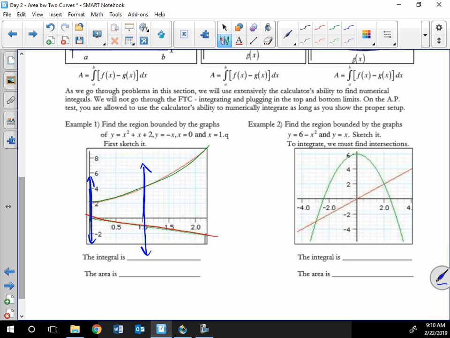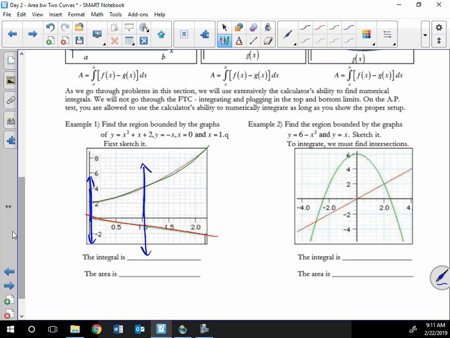That is simply just to tell us what our bounds are for the integral we're working with.